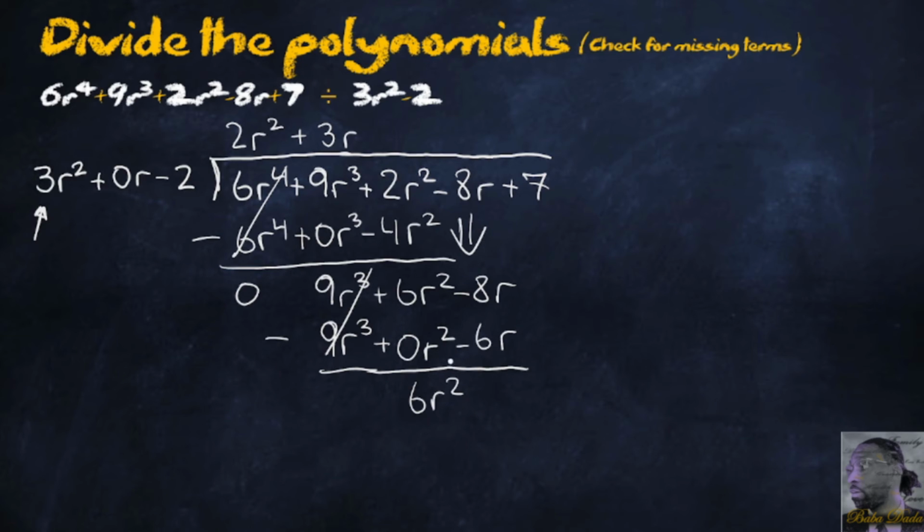So that would be negative 8r plus 6r, which is going to be negative 2r. Okay, now we're going to bring down our last number, which is 7, so plus 7. And then we need to multiply this front number again by a number that's going to give us 6r squared.